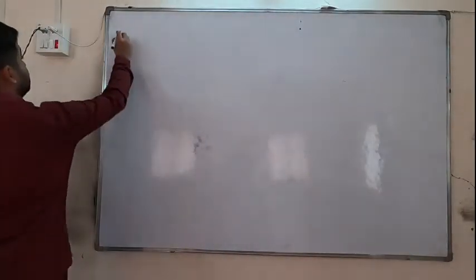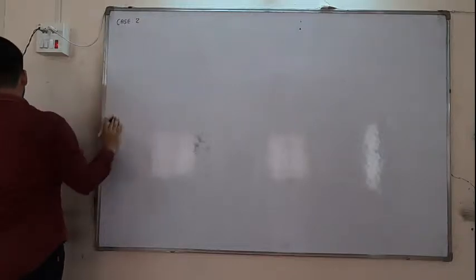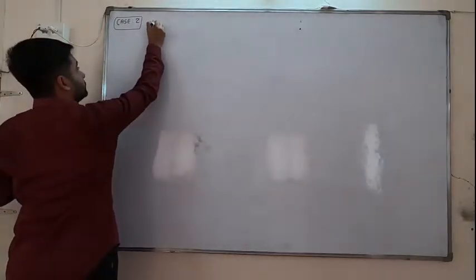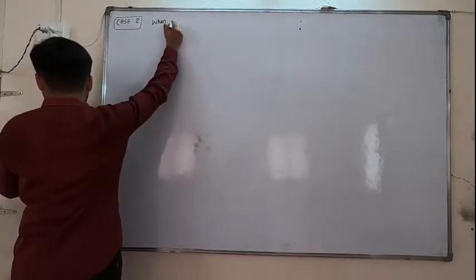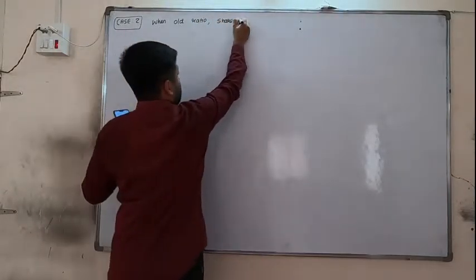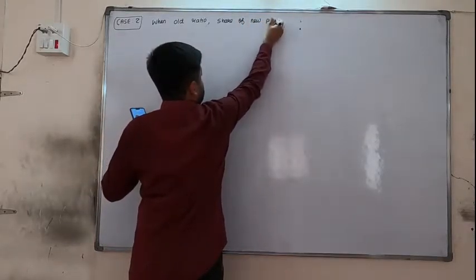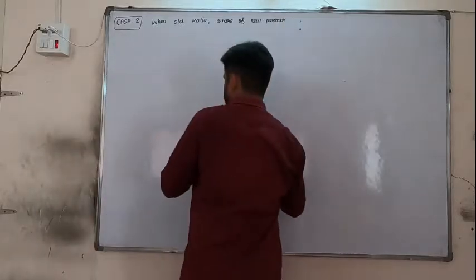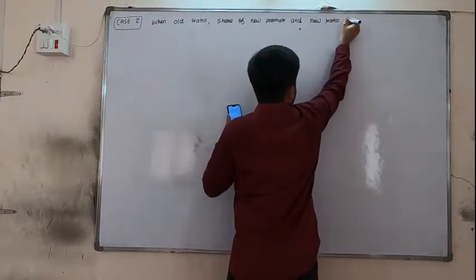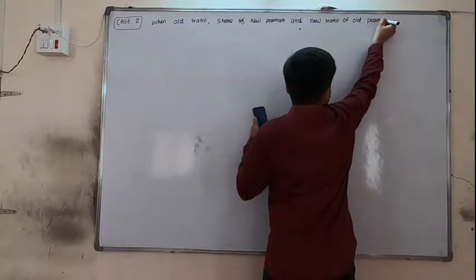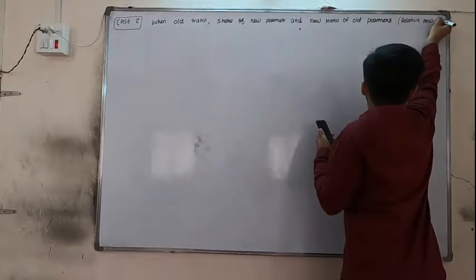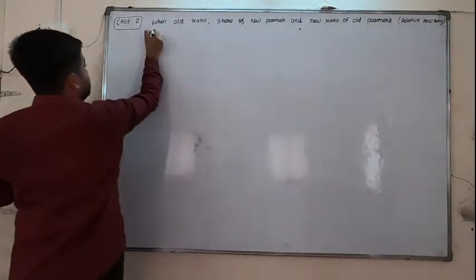So if you are watching, then you can understand better. Everyone will write case 2. Now in this case 2, when old ratio, comma, share of new partner and new ratio of old partners, which is also known as relative new ratio, is given.